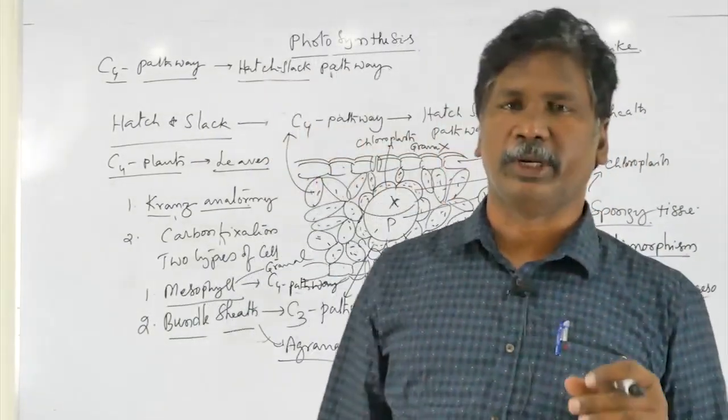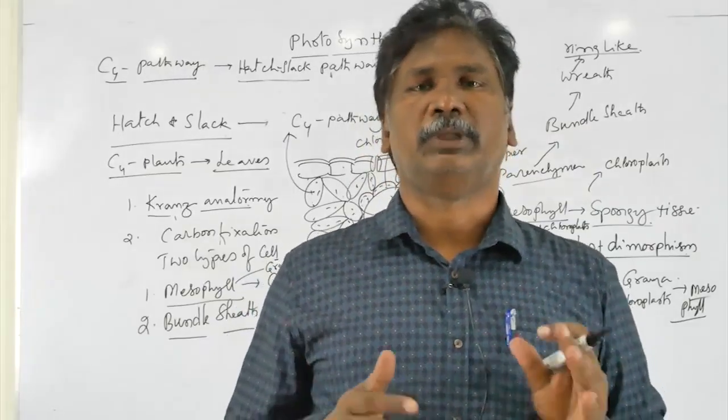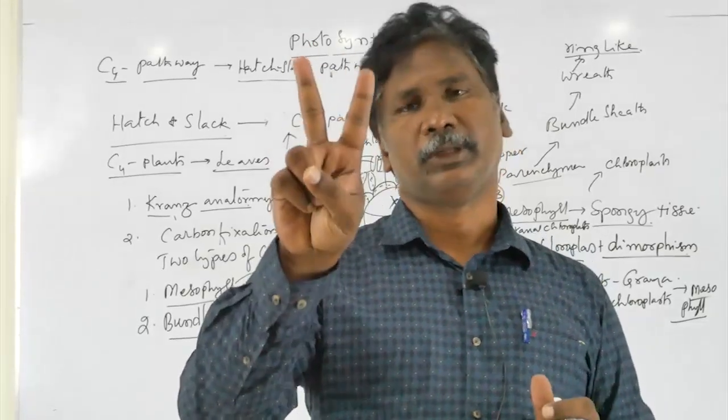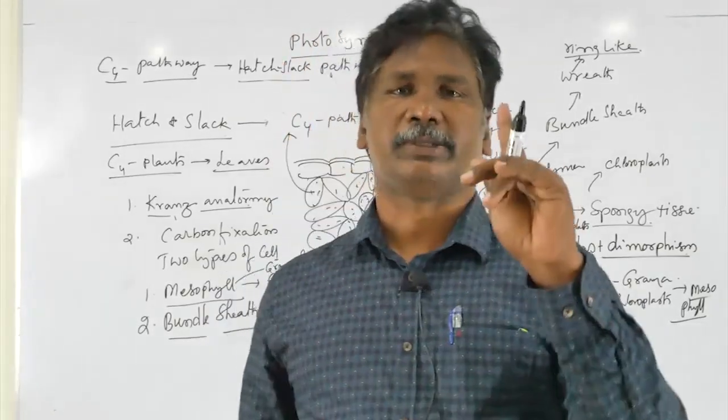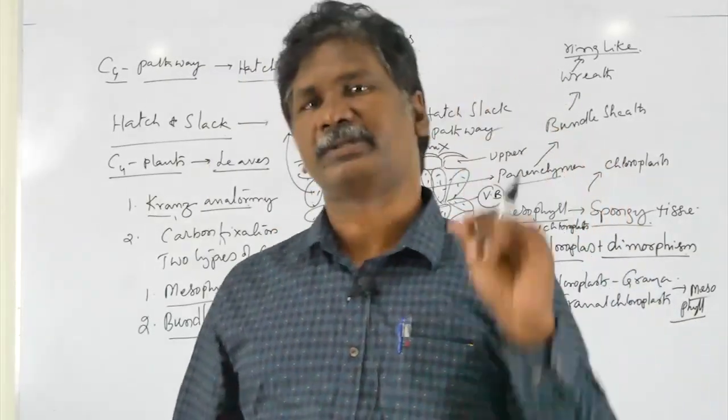Now we are going to the mechanism of the C4 pathway with the help of a flowchart. With the help of how many types of cells? Two types of cells, mesophyll cells and bundle sheath cells.